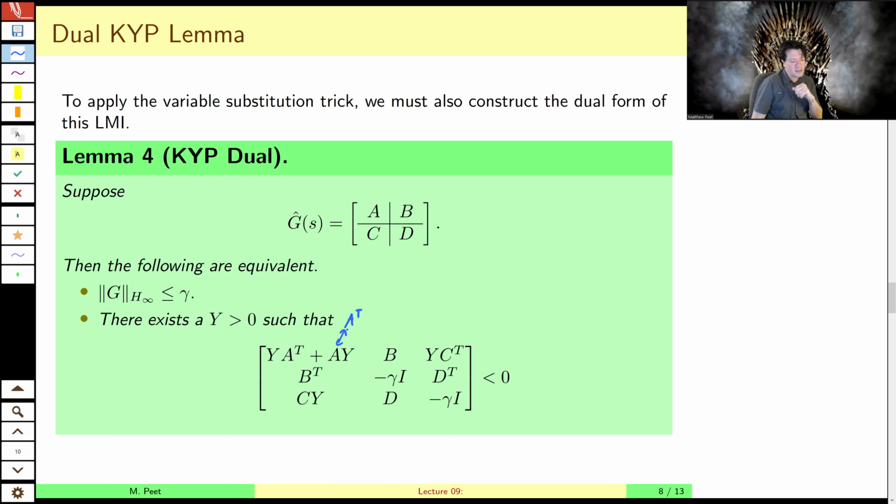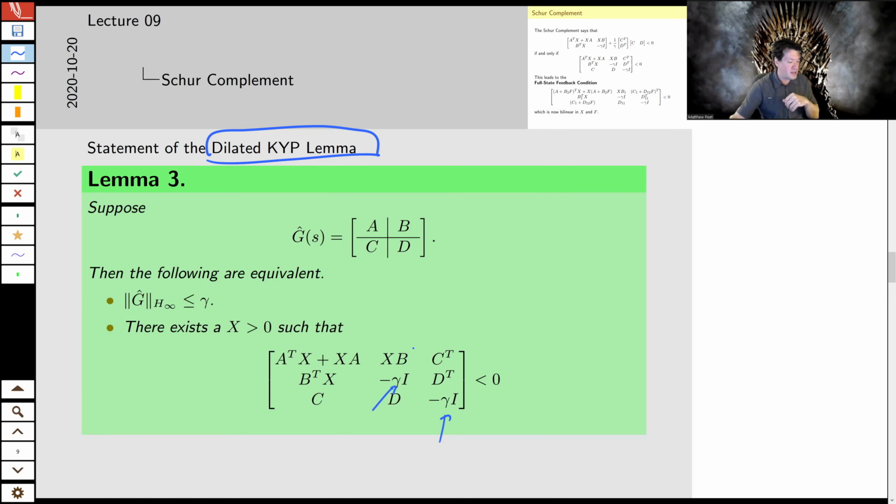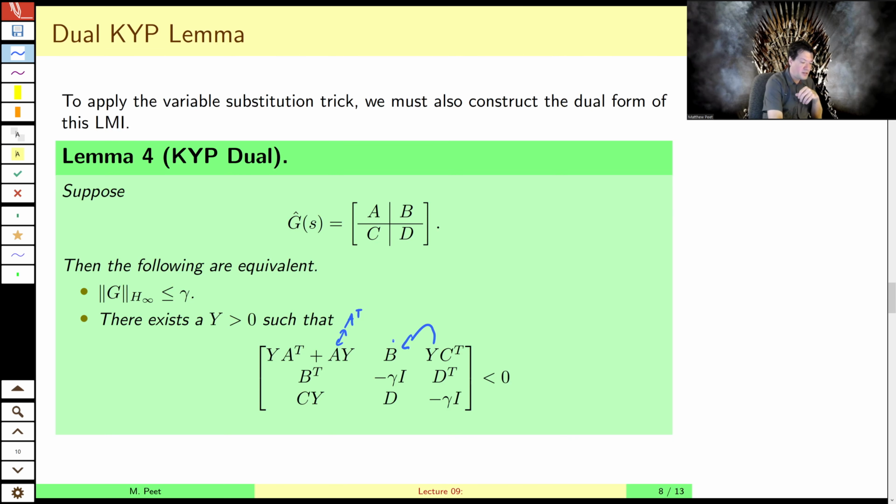The second change is a little bit more subtle, in that the x variable, which was originally multiplying B, now gets moved over next to C. Right, so this x gets moved from B over to C. And also everything gets transposed as well, right?